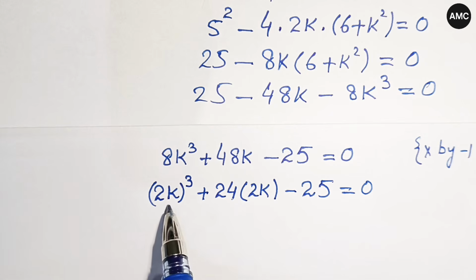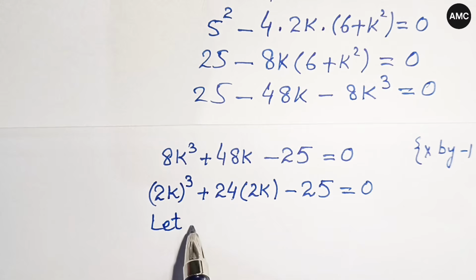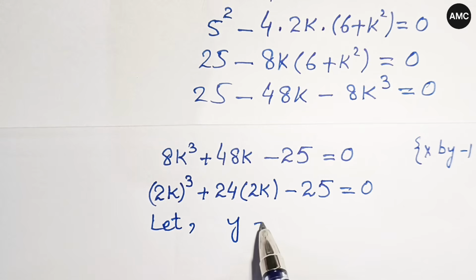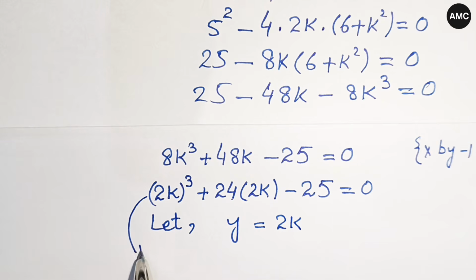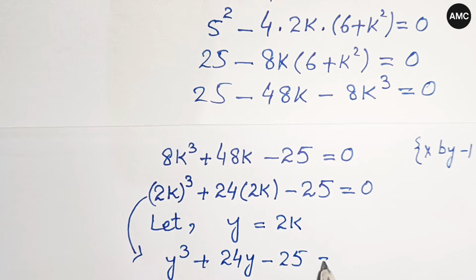Now here we have 2k and it is also 2k, so let us consider 2k equal to y. So y is equal to 2k. Then this equation will be y cubed plus 24y minus 25 is equal to 0.